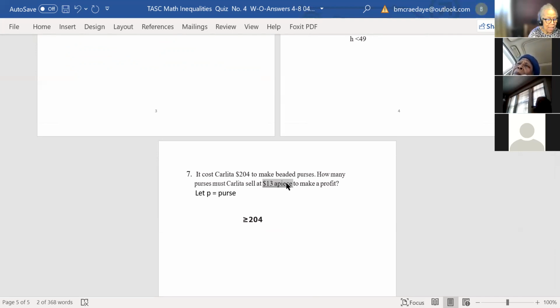Purses sold. Okay, so what do I put on the left side? P and what else? Should it be plus? No.